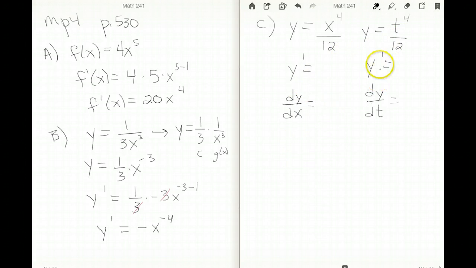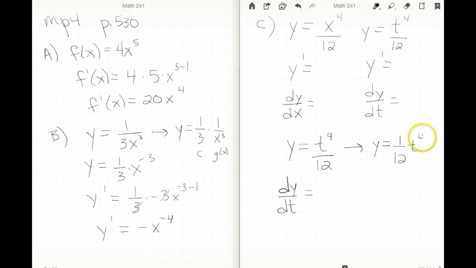So let's actually make use of the t one and get some practice with using an alternative letter. If y equals t to the fourth over 12, how can I take the derivative of that thing? We want dy dt, because t is the independent variable. Well, I could rewrite this so that it looks like a number, 1/12, times a power of the variable, power of x or power of t, whatever letter you like to use.